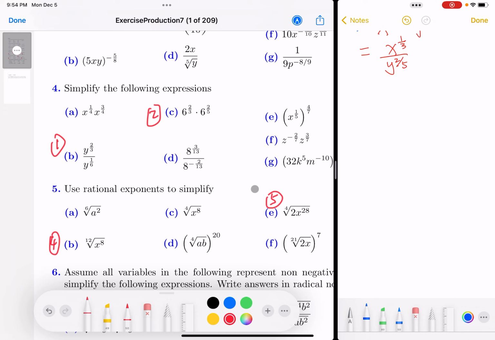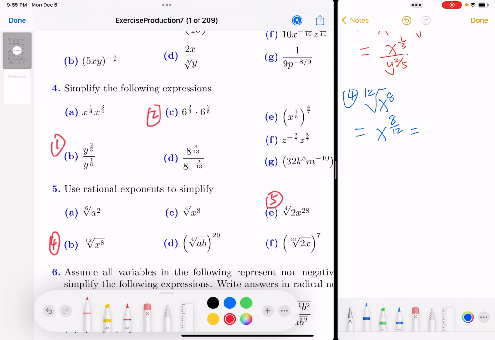Here, question 4 is the 12th root of x to the 8th. That would be x to the 8 over 12.